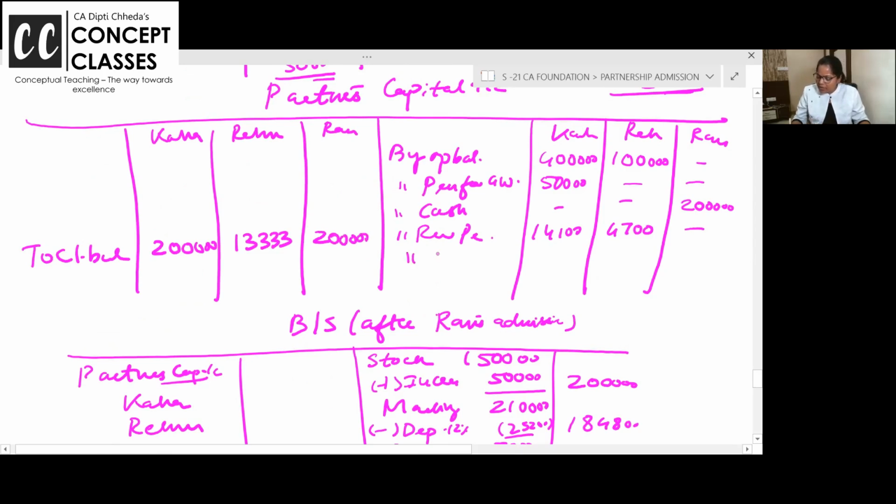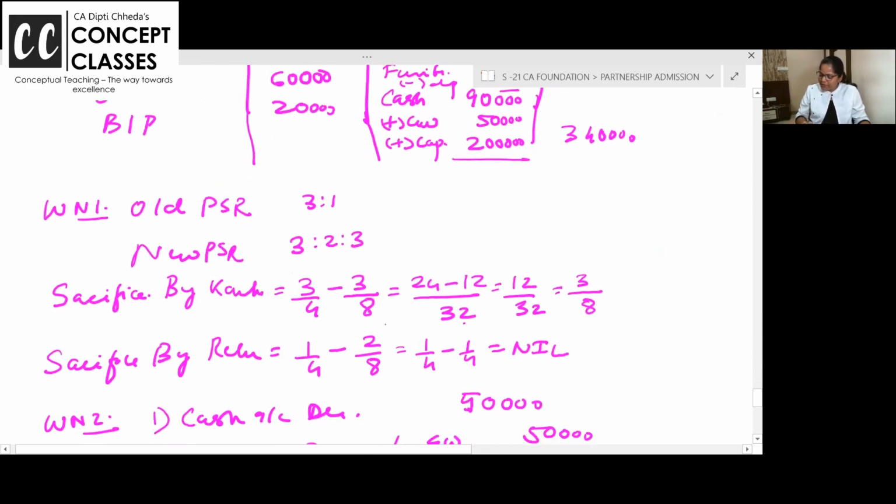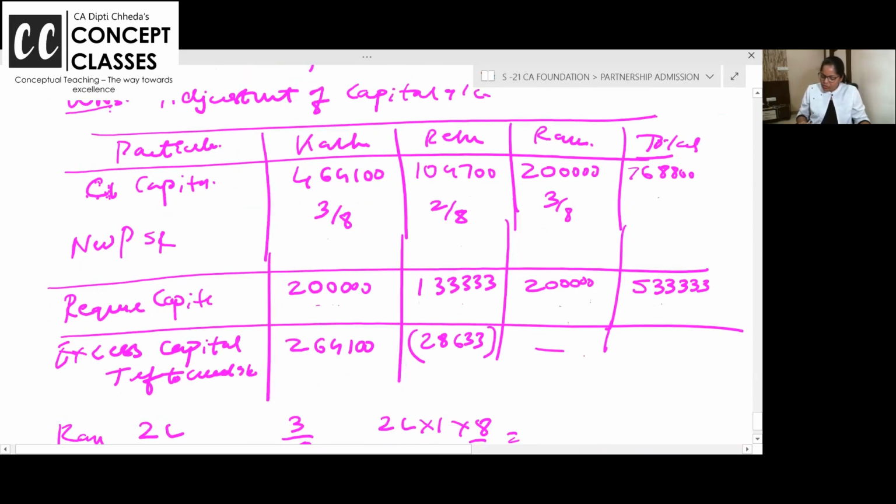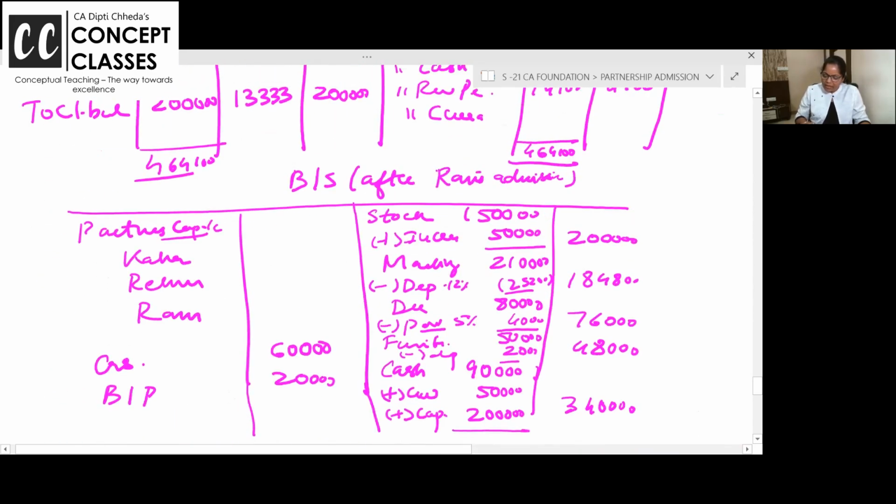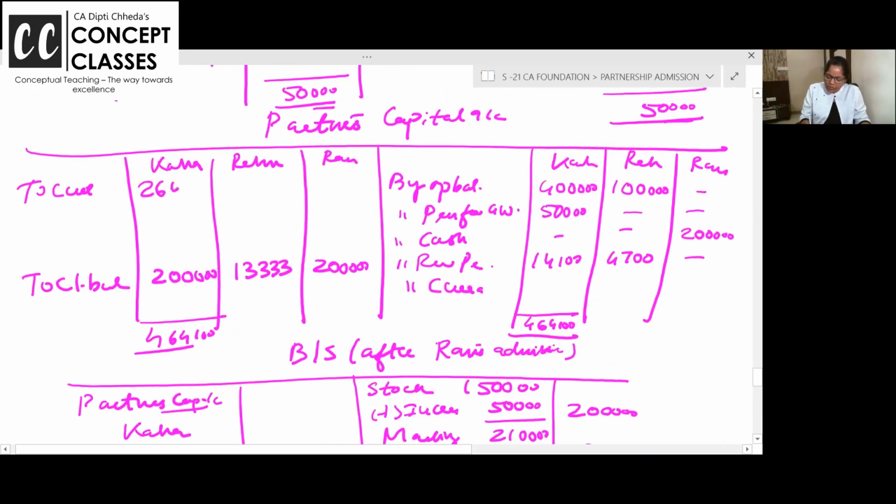So Kanha, your capital is 464,100, but required is only 2 lakhs. So 264,100, Kanha, take it in your current account and then from there you can withdraw if you want. Am I talking correct with Kanha?